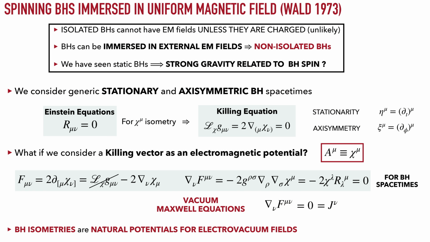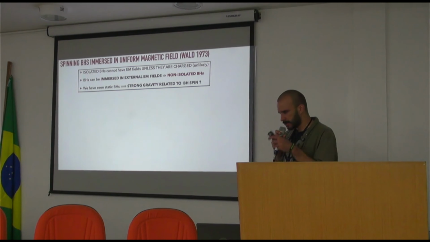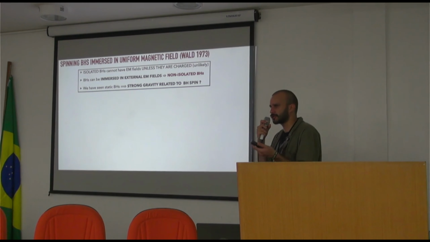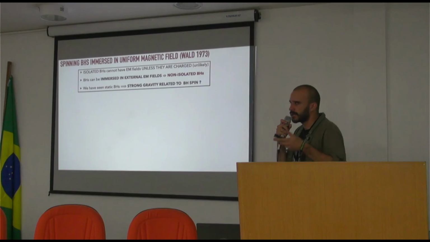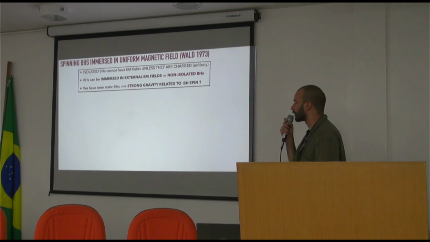So everything that we have seen so far is about Schwarzschild black holes immersed in external electromagnetic fields. Now we can think about what happens if we relax the hypothesis of a Schwarzschild black hole and we consider a stationary black hole. It can be a Kerr black hole, but actually this derivation is more general.